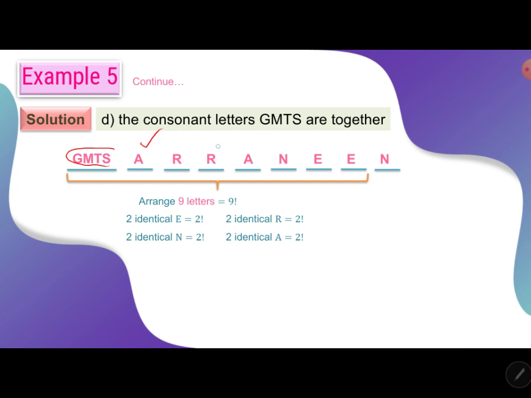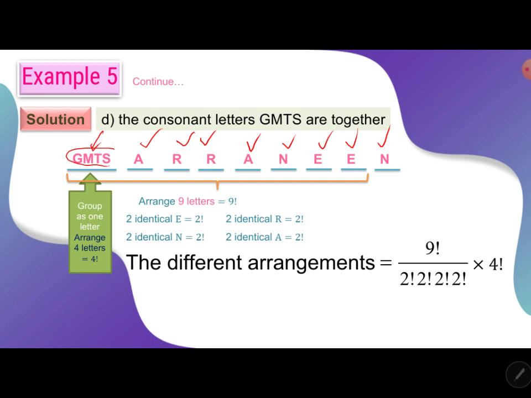And then we have identical A, identical R, identical N, and identical E. So this 9 factorial is divided by 2 factorial, 2 factorial, 2 factorial, and 2 factorial. And don't forget GMTS are not identical, which means we can rearrange their positions in the group. So we multiply with 4 factorial. So the answer will be 544,320.